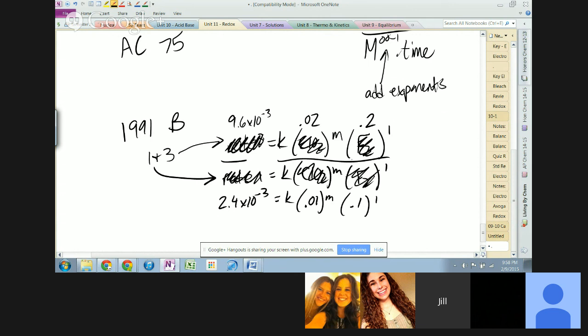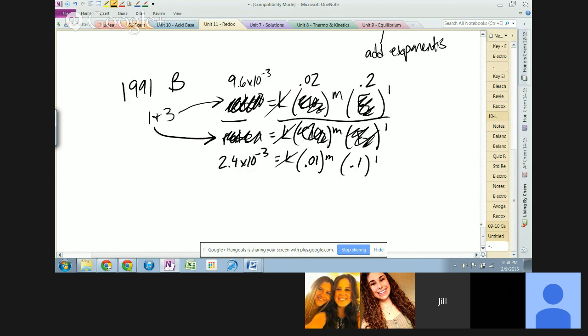So that just got really messy. But basically anything that's on top and bottom can cancel. So the K's cancel. And then you combine like terms. So on the left, 9.6 divided by 2.4, that's 4. And then these are both to the m power. So 0.02 divided by 0.01, that's 2 to the m.